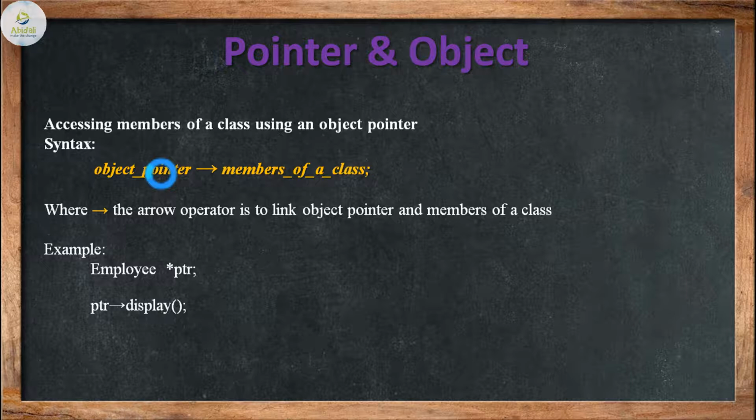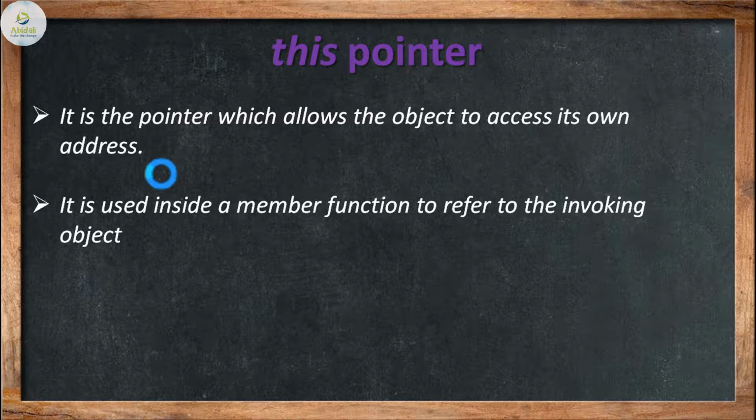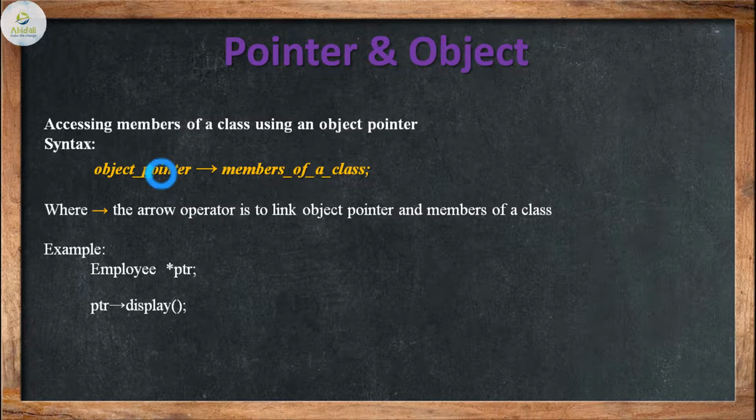So with the PTR which has been created, if there is a function in the class employee whose name is display, I can call the display function by using the pointer, arrow operator, display, instead of the dot operator. If there is a pointer pointing to the object, then I can do it.